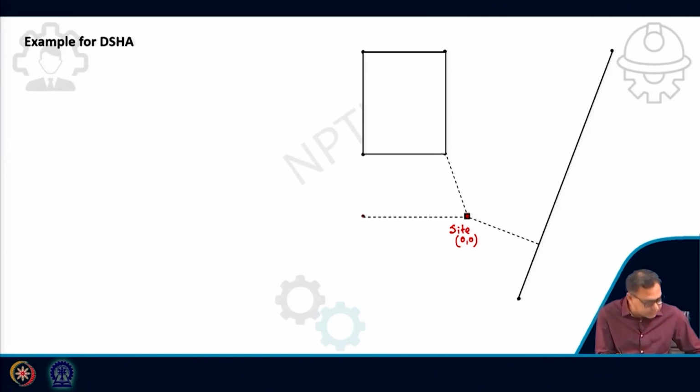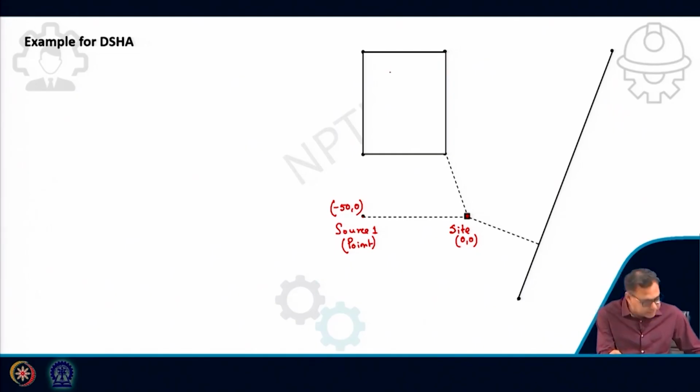This first source, source number 1, is a point source, whose coordinate is minus 50, 0. That means it is 50 kilometer away from the site. These are all in kilometer; this minus 50 means it is 50 kilometer.